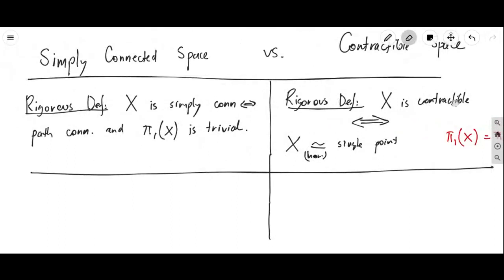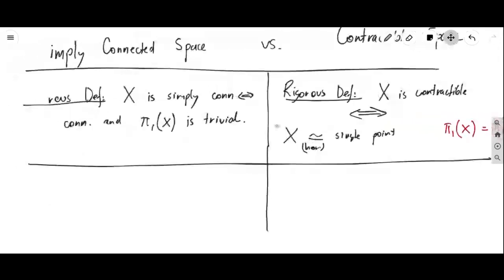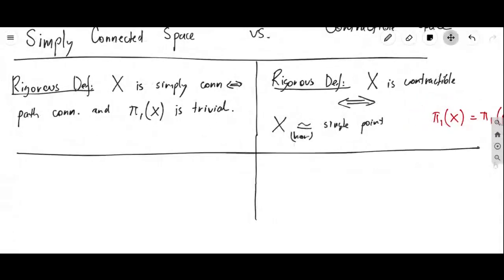You might be wondering, if it's contractible, is it path connected? Yes, it will also be path connected. You can check that. That will necessarily be implied. And now what's the intuitive definition?